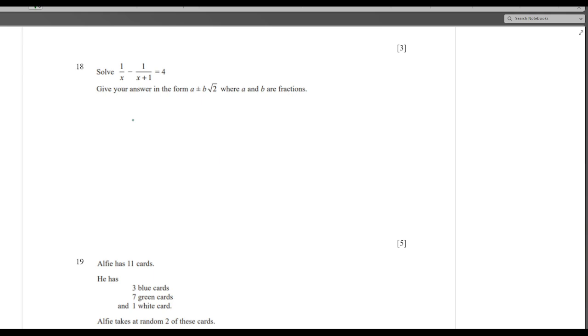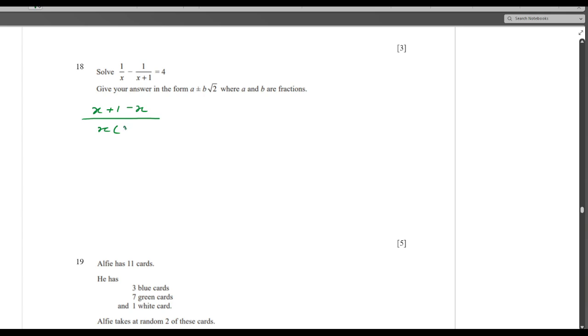Now let us solve this. Here we will cross multiply, so it becomes x plus 1 minus x, whole divided by x times x plus 1, is equal to 4. This x and x will cancel. This whole thing I will move to the right side. So here I have 1 is equal to, now I also open the bracket, so it is 4 times x is x square, x times 1 is x.